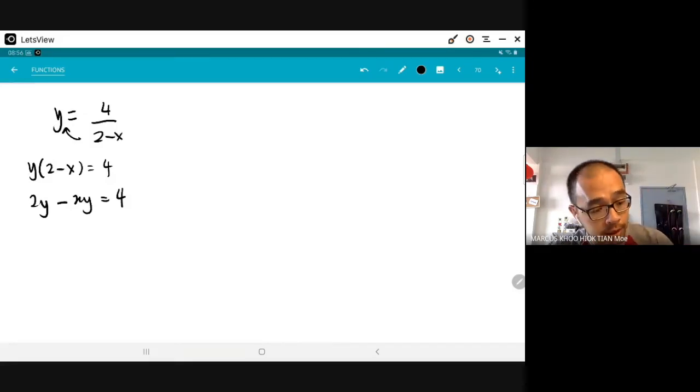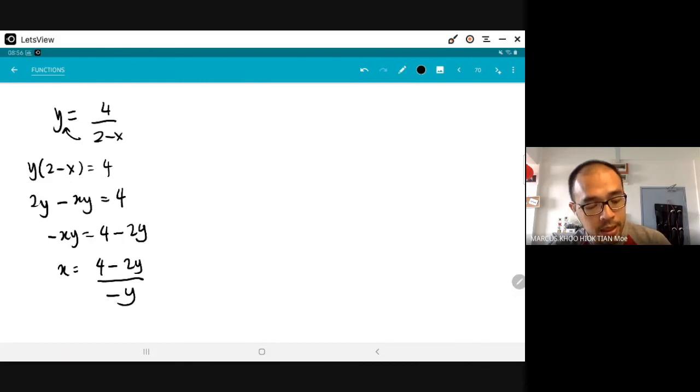Ini kau pindah pergi sebelah. Astaga. Apa itu? Negative xy equals to 4 minus 2y. Saya mau x saja kan? Jadi negative y saya pindah pergi balik lah. So, x equals to 4 minus 2y over negative y.